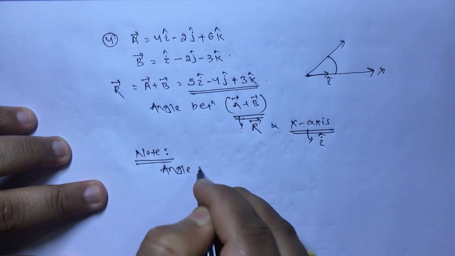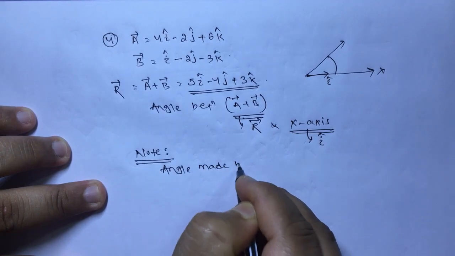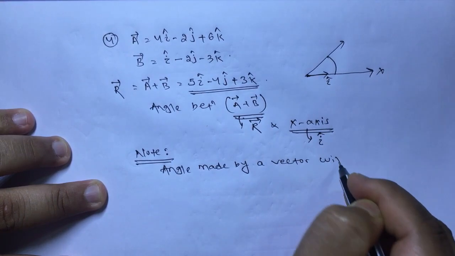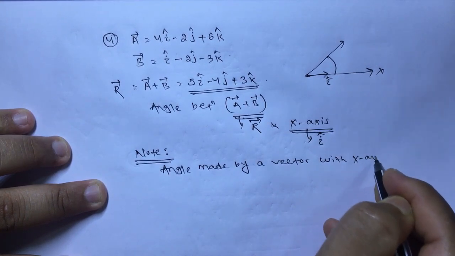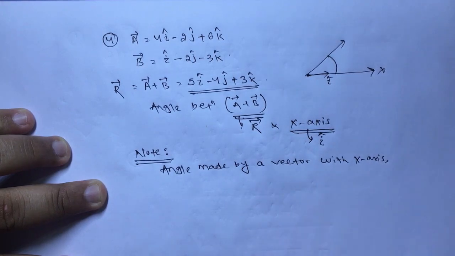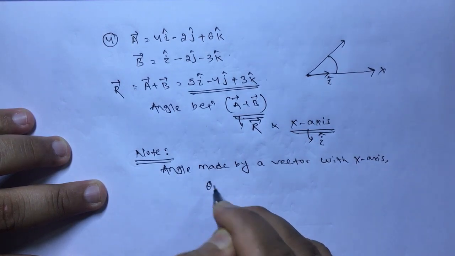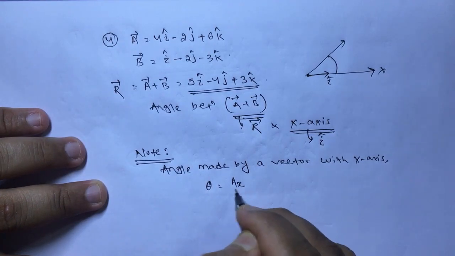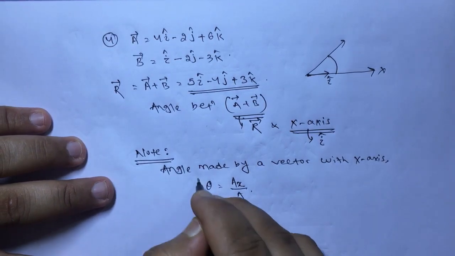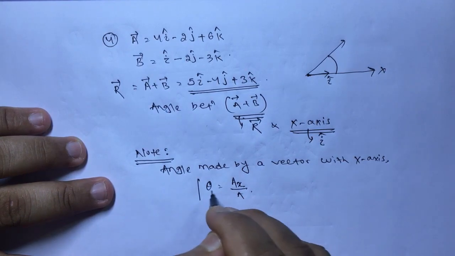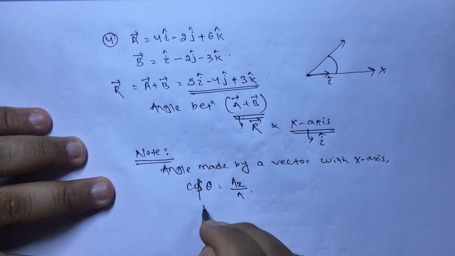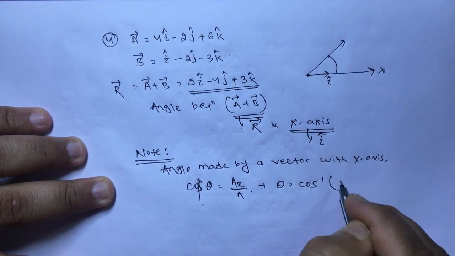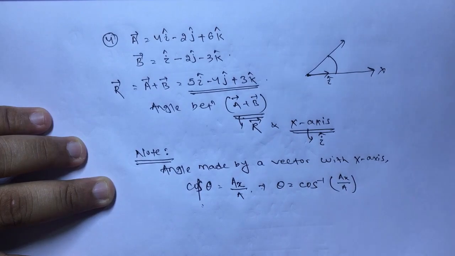Angle made by a vector with x axis can be given as cos theta equal to ax divided by a, or I can write theta equal to cos inverse of ax by a.